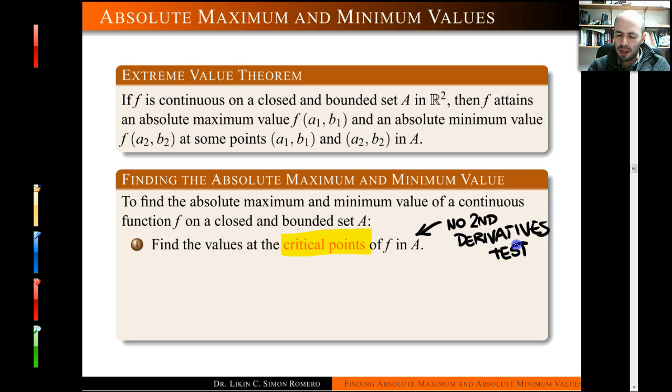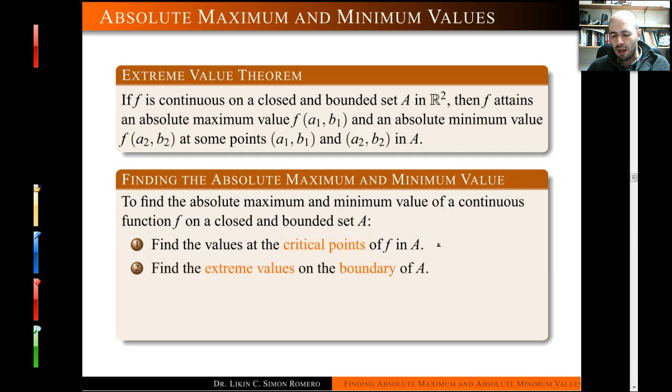I forgot to put it in the presentation, but you don't need to use the second derivatives test here, because the second derivatives test is just going to tell you if you have a local max or a local min. That in this case is not actually very useful. So you're going to find the critical points in A, and then you're going to evaluate also in the boundary.